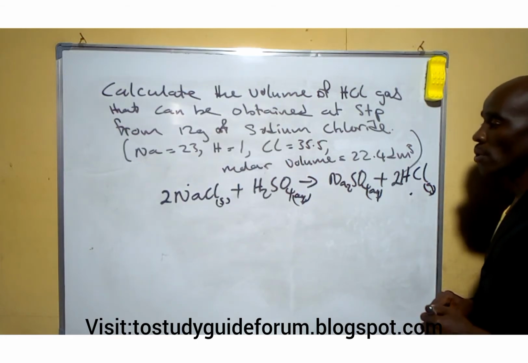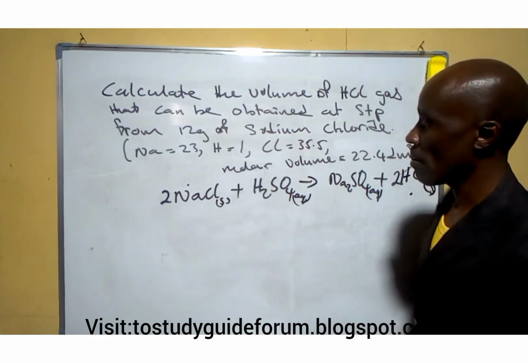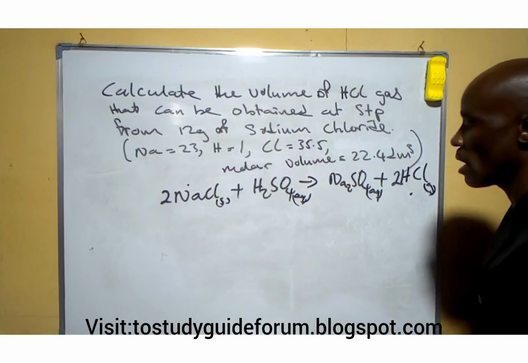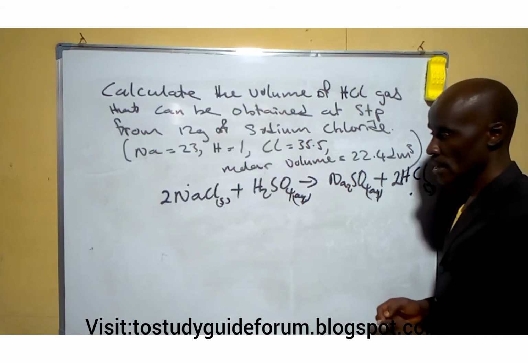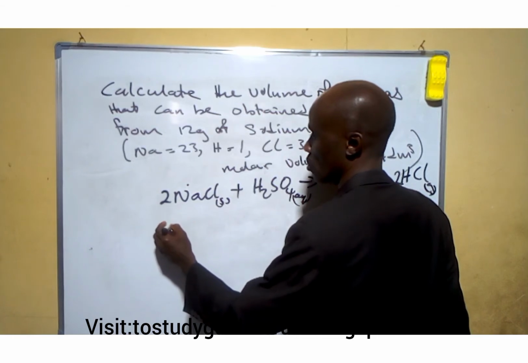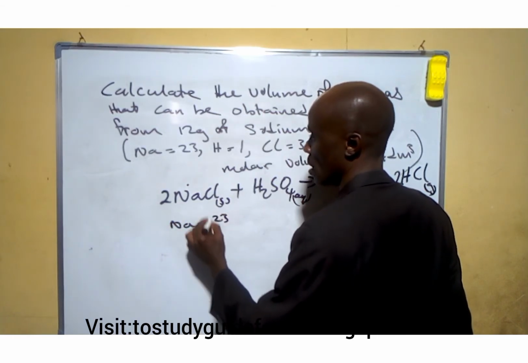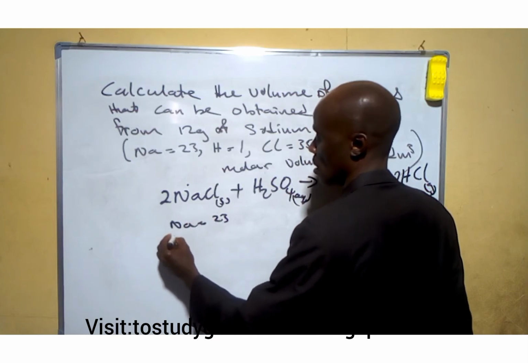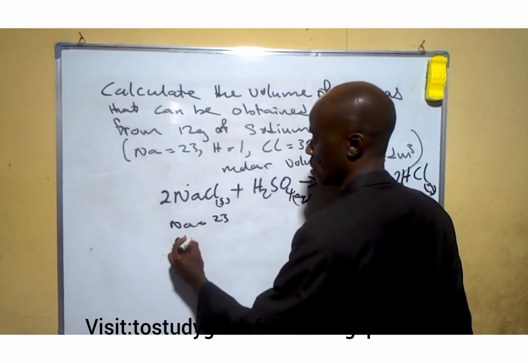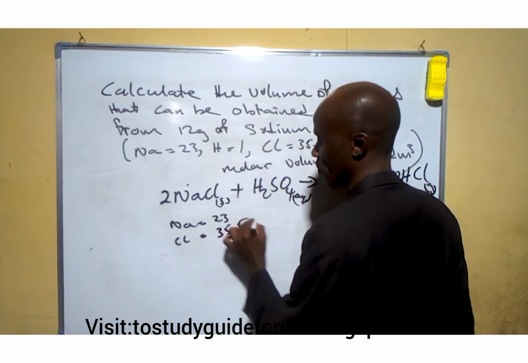The first thing we're going to do is to find the molar mass of sodium chloride. Sodium is equal to 23, and chlorine is equal to 35.5.